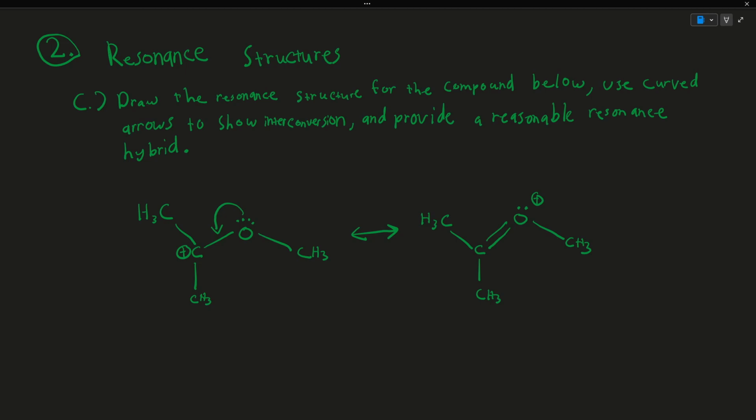Well, it's just the formal charge formula. 6 is how many valence electrons oxygen has, it has 2 non-bonding electrons, and then minus 1/2 the bonding electrons, which is 6. So we have 6 minus 2 minus 3, that's 6 minus 5, which equals positive 1. So the oxygen has a positive charge. This would be the resonance structure for this compound, and that's how you determine it.